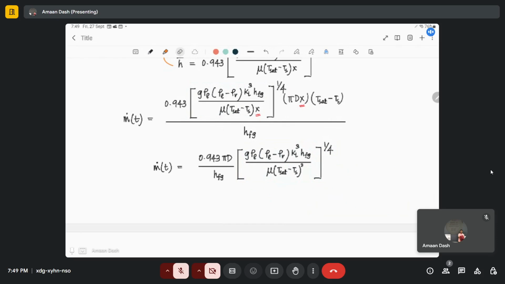So if we do that, we will be getting, let's say we do it here, L, then we can have L by x cube, sorry, x to the power of minus 3, and to the power of 1 by 4.